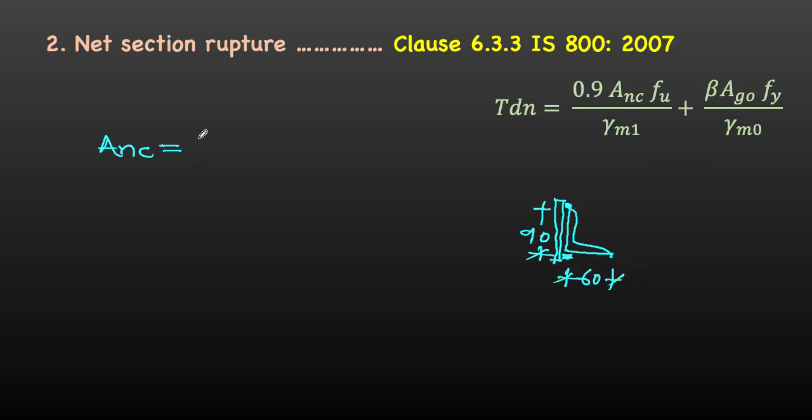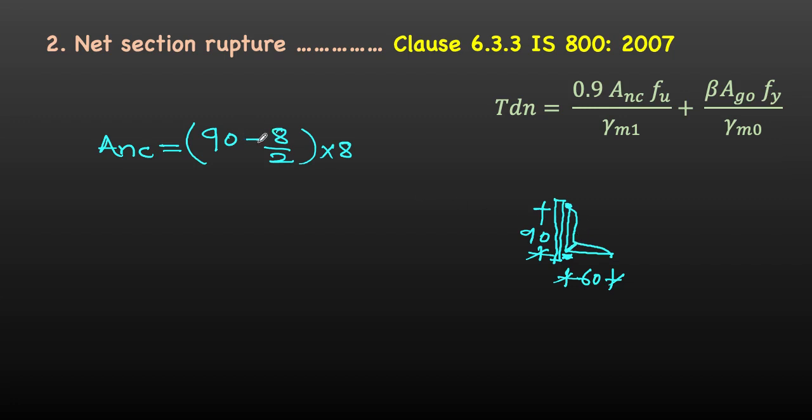So for this connected leg we now have 90 minus 8 by 2, into 8. Why do we have to consider this 8 by 2? Because at this junction the area should not get repeated. If I directly consider a rectangle of 90 by 8, and for the outstanding leg I consider an area of 60 by 8, then at this particular junction there will be repetition of area calculation.